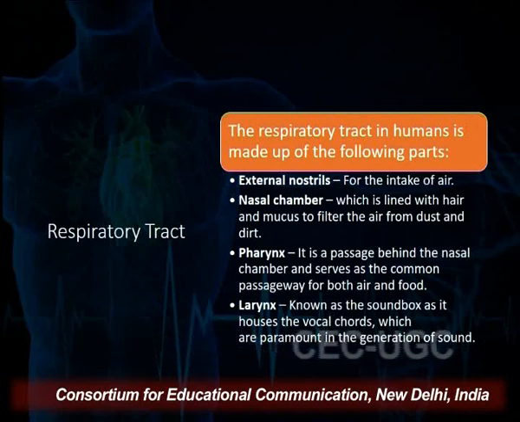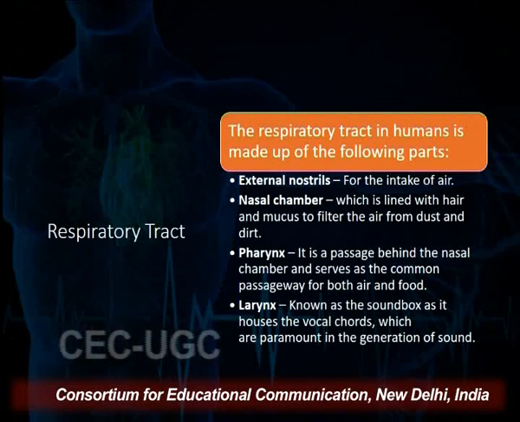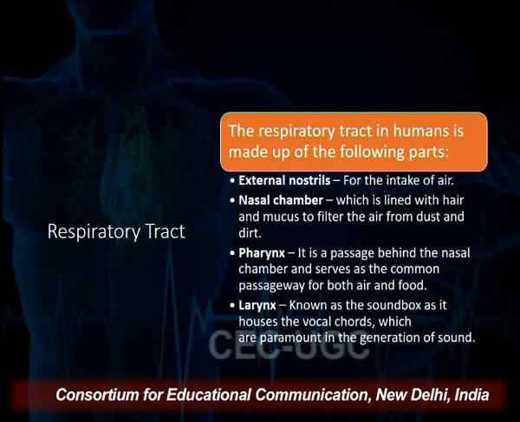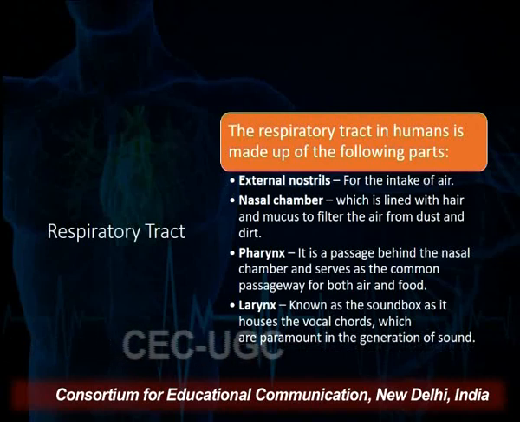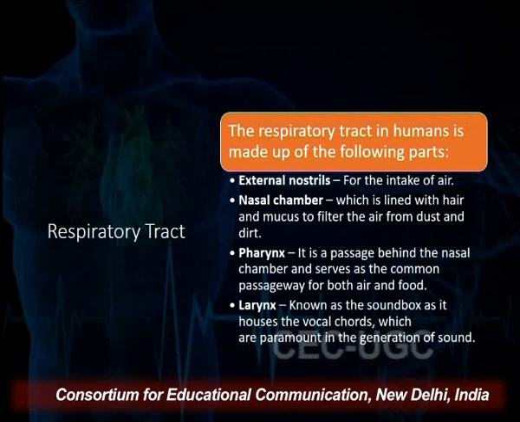Then pharynx, it is a passage behind the nasal chamber and serves as the common passageway for both air and food. Then comes the larynx, known as the sound box, as it houses the vocal cords, which are paramount in the generation of sound.